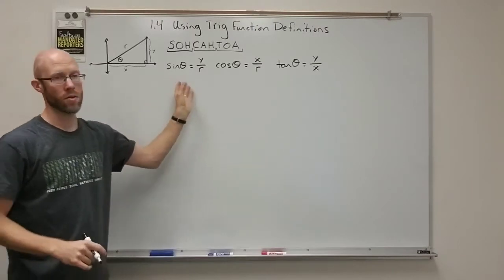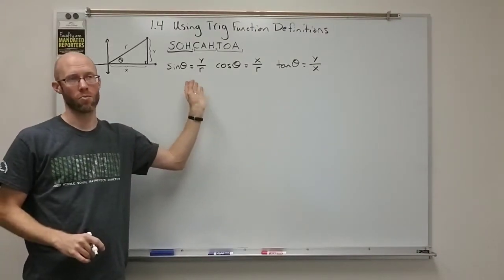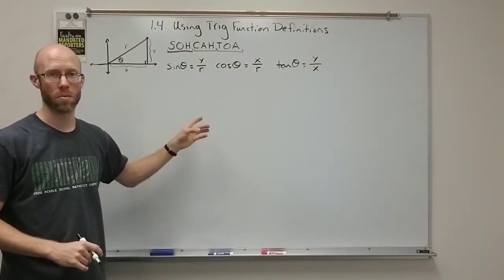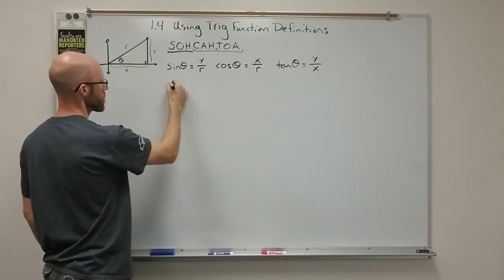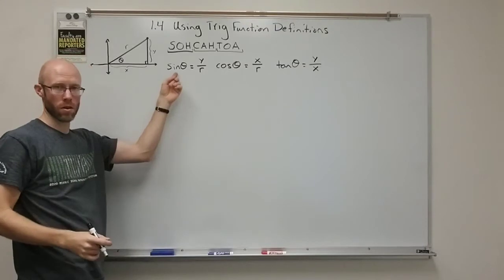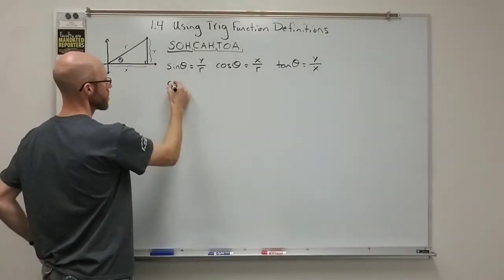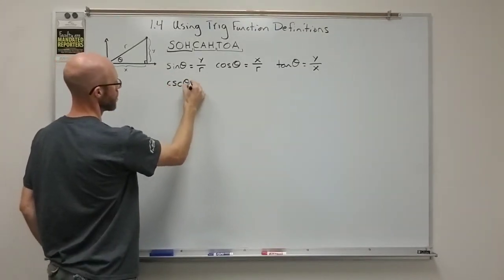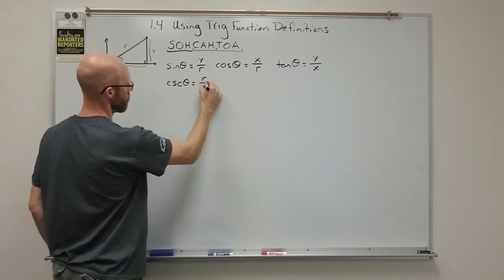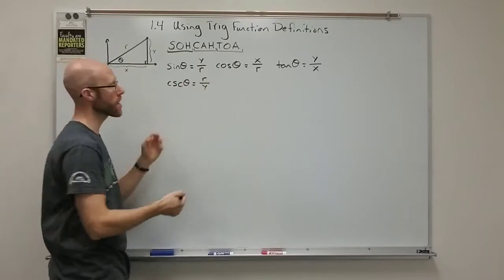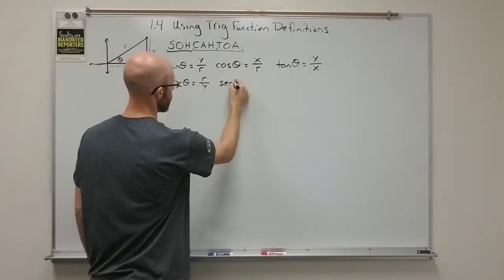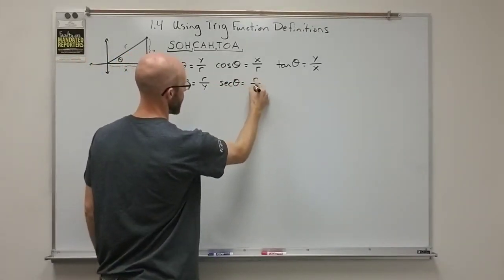Okay, now, and then we said the other three trig functions are the reciprocals of these. And so the sine's reciprocal is the cosecant, which is then r over y. The reciprocal of the cosine is the secant, which is then r over x.